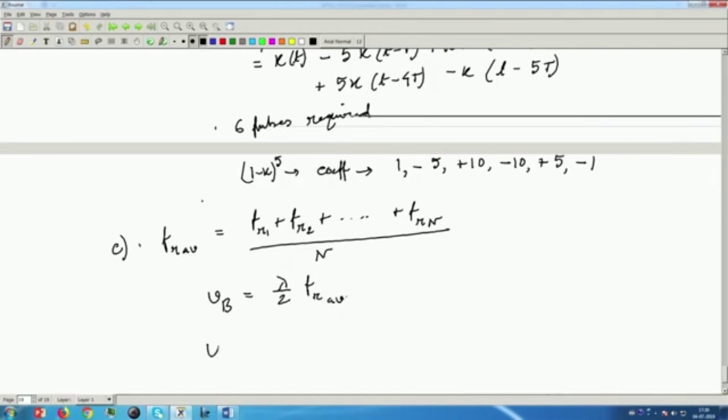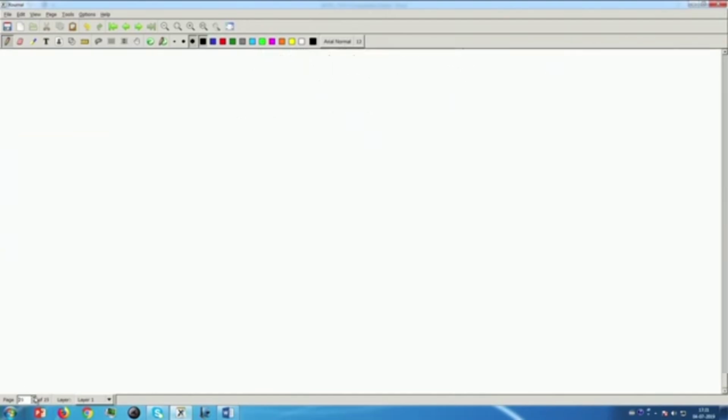Also, what is the first blind speed due to say F r 1? I am calling that V 1. So, that is nothing but n 1 F r 1 into lambda by 2. So, I can take this ratio as V 1 by V b is n 1 F r 1 by F r average.